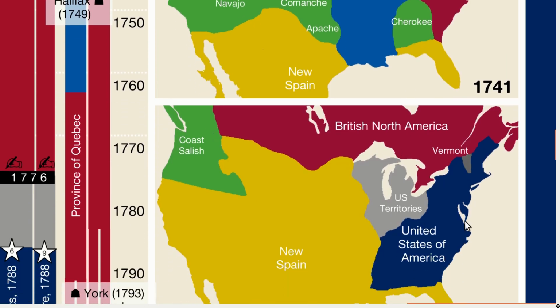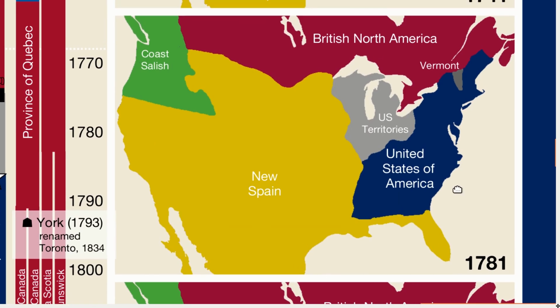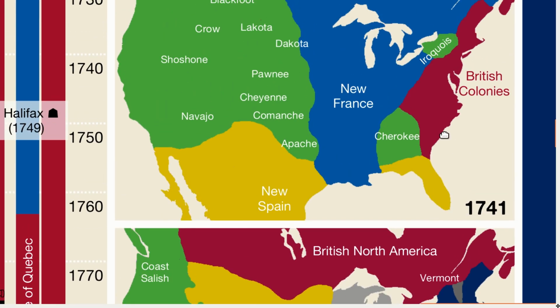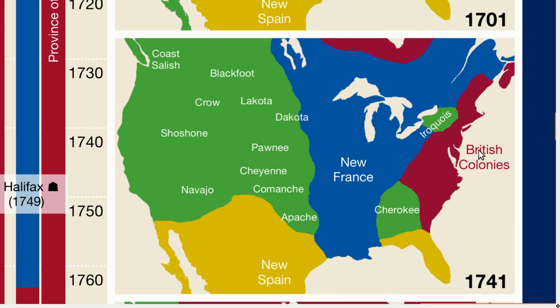Now, when we zoom ahead 40 years to 1781, we can see that a lot has changed. First of all, the French are gone, and that happened just before the Declaration of Independence. So let's actually go back to the previous map to explain. In a war known as the French and Indian War, Britain defeated France and became the sole power in the area.